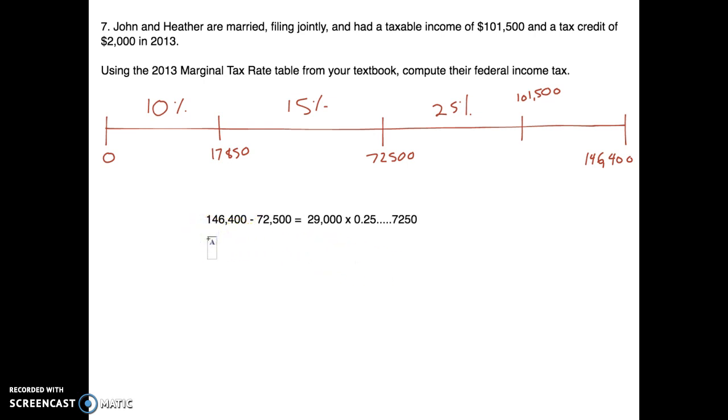And then on the next one, we're going to take the 72,500 minus the 17,850, and we end up with 54,650, and multiply that by 15%, and you end up with $8,197.50.